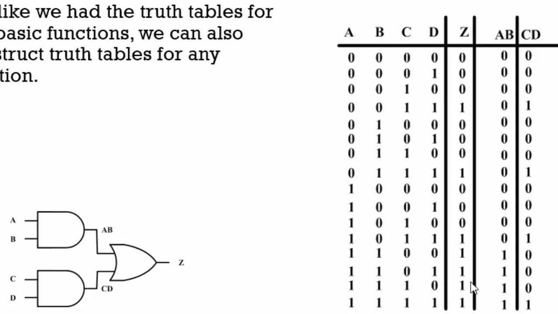So in other words, you will have the Z output as 1 if and only if you have at least 1 in the AB or the CD, or a combination, so that you'll have a 1 for Z. So that is the interpretation based on the logic gates to a truth table.